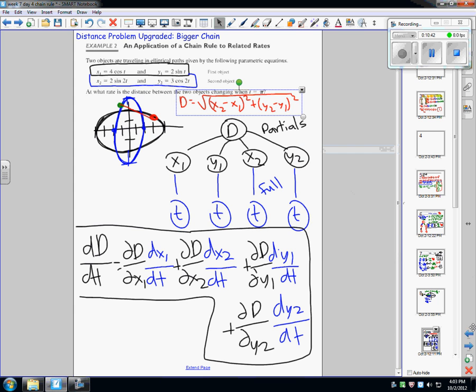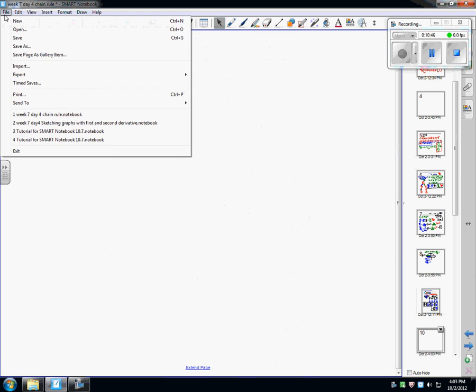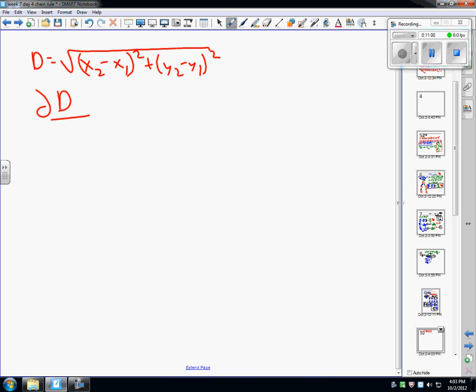I'm going to copy it, put it on the next slide here, and let me paste it in. Okay, just to let you know how to do the partials, let's say I wanted the partial of d in terms of x2.